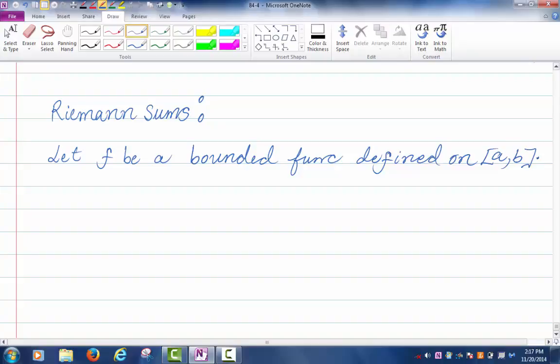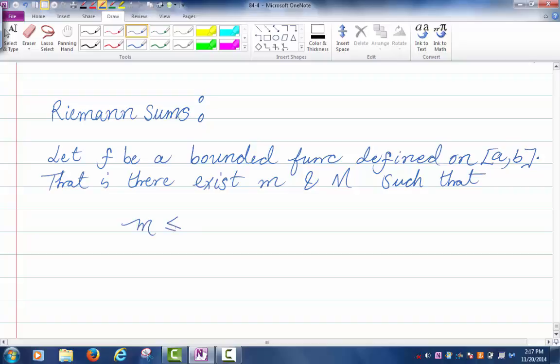When I say that the function f is a bounded function, that is, there exist m and capital M, two numbers, such that the value of the function must be between lowercase m and capital M for all x in that interval.